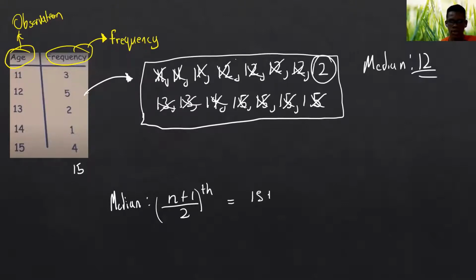So 15 plus 1 divided by 2, 8, right? 3 plus 5 is 8. We already reached 8, so right away, the median is 12, right? You could do this, or you could revert back to the raw data and get the median. So the median is 12.